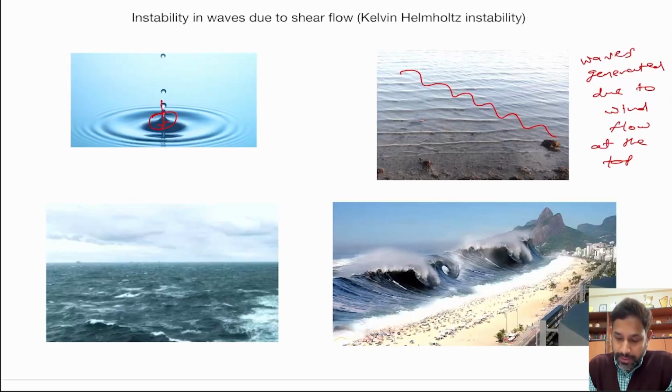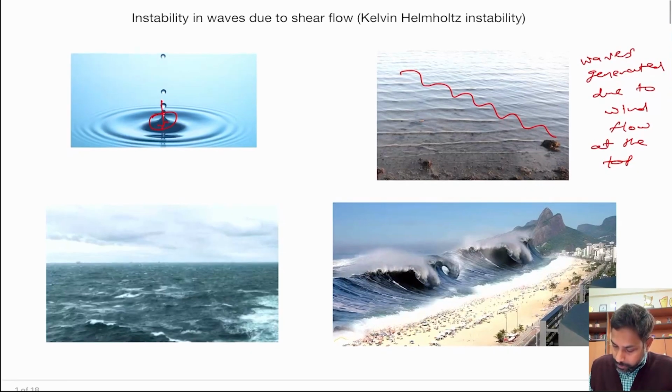Whereas on the left hand side, in case 1, the wave was created because some object was dropped into it, right? In case of waves getting generated because of wind velocity, it may also become unstable with time, depending on the wind speed, right? So what we see here is the stable case, but there are these two cases which do not look very stable.